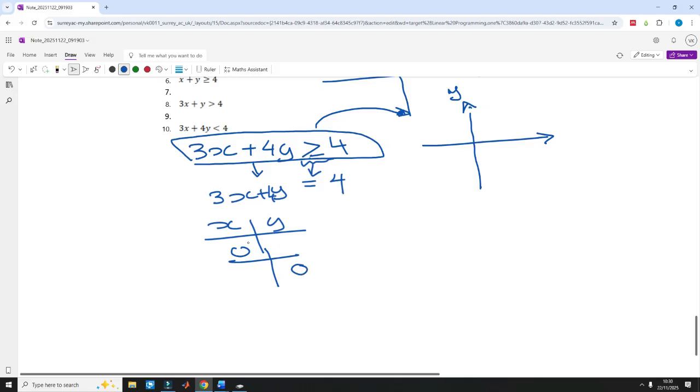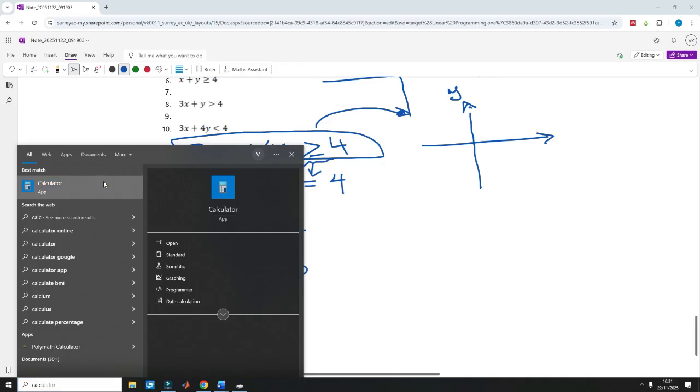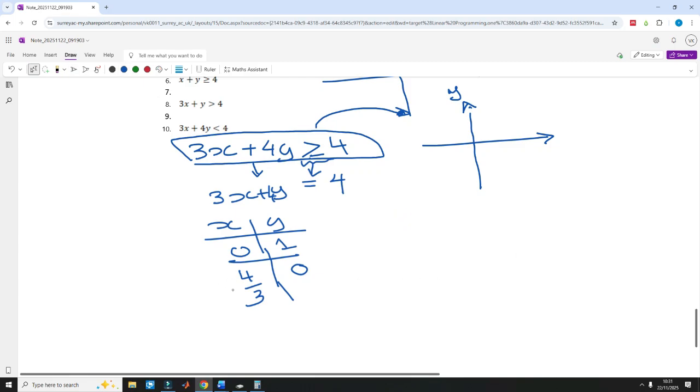When x is equal to 0, y will be 1, isn't it? Similarly, when y is equal to 0, x will be 4 by 3. Let's calculate this value. What is 4 by 3? It's 1.33.